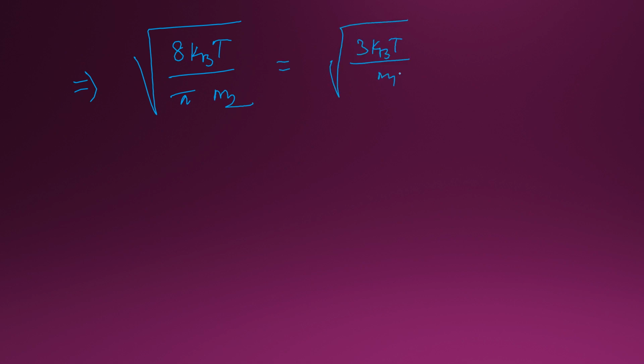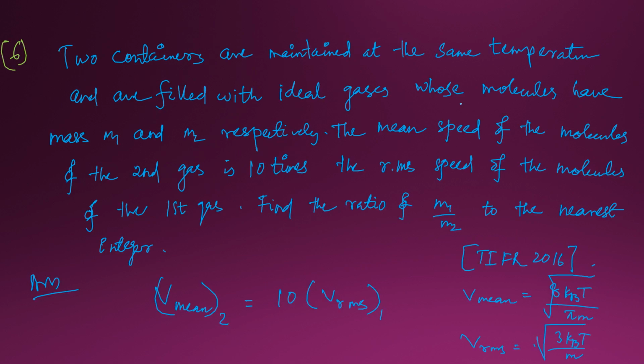Taking the square on both sides, 8 kBT by pi m2 is equal to 3 kBT by m1. So kB gone, T gone, because it's written in the question that they are maintained at the same temperature. Only masses m1 and m2 are given.